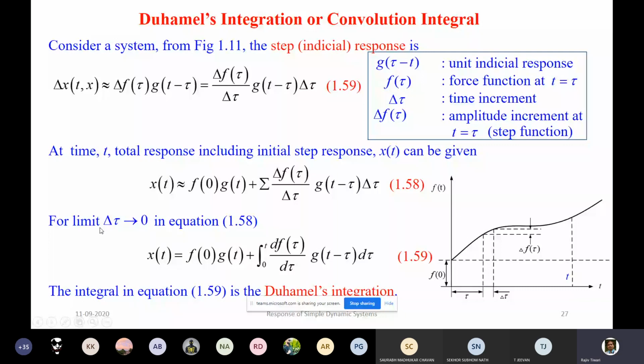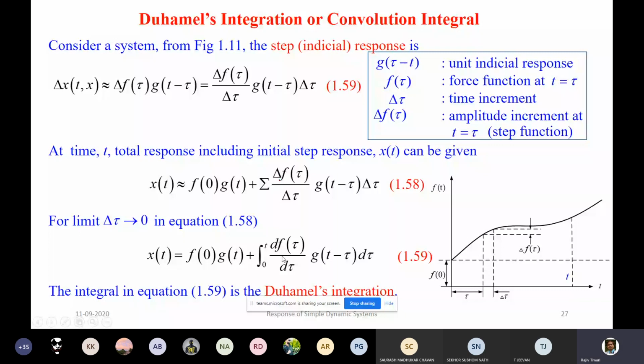Now, if this delta tau tends to 0, that is, if we take the strip to be very small, then this summation will become an integration, and the limit will be up to the time at which we want to find the response. So let us say this is the time t. We can integrate from 0 up to that point, and delta becomes a differential.